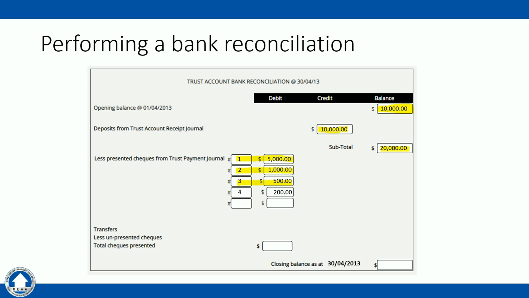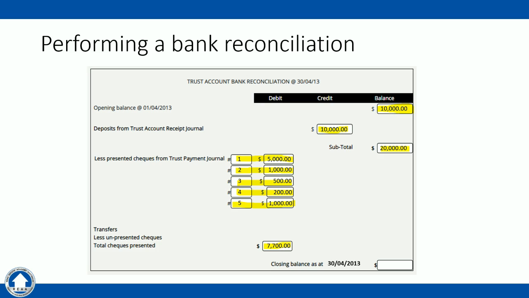Check 4 for $200. Check 5 for $1,000, which gives us a total of presented checks of $7,700 for this month.